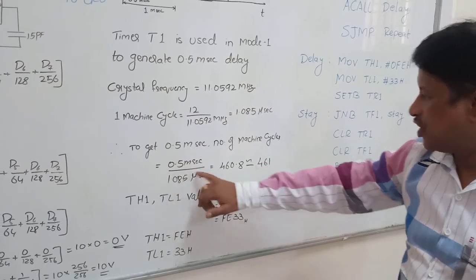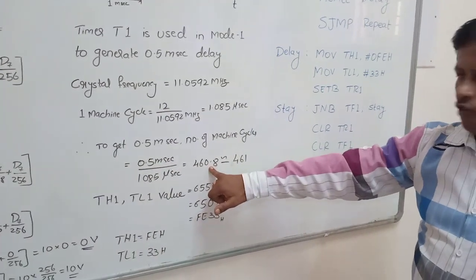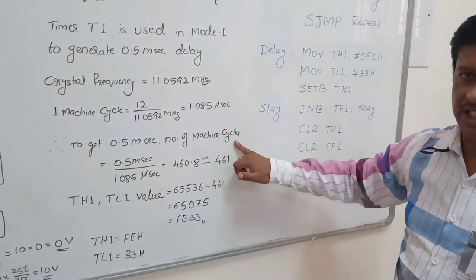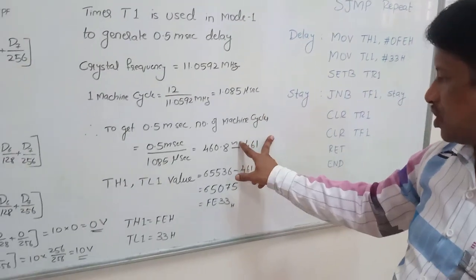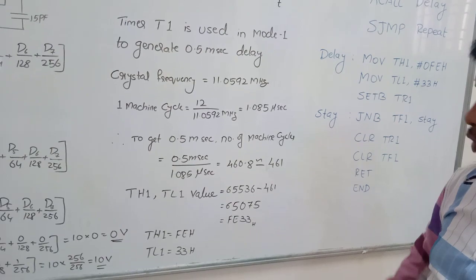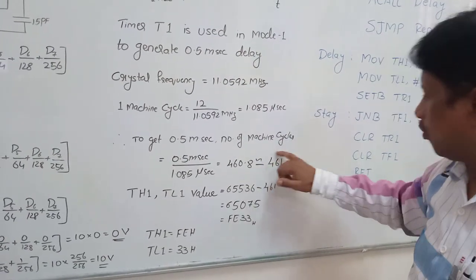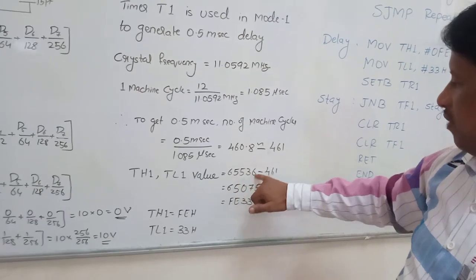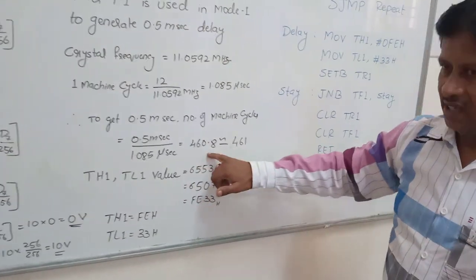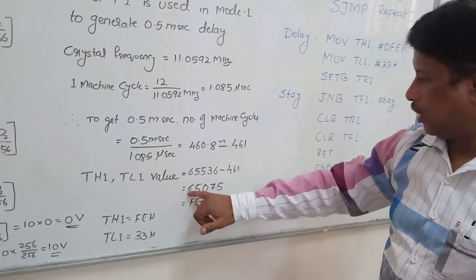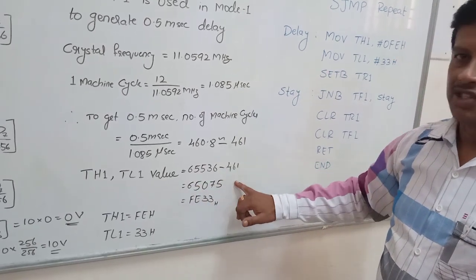If I divide these two, I get 460.8, which I approximate to 461. Now I have to subtract this 461 from 65536, because it is a 16-bit timer. So 65536 minus 461 gives 65075.